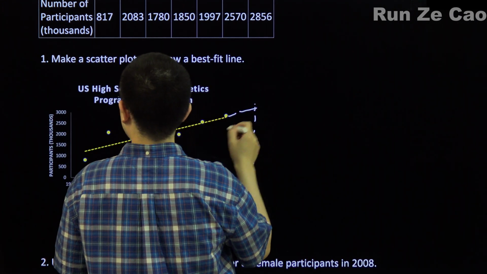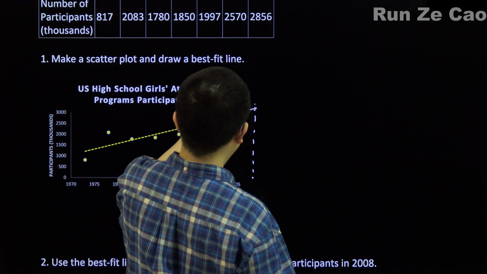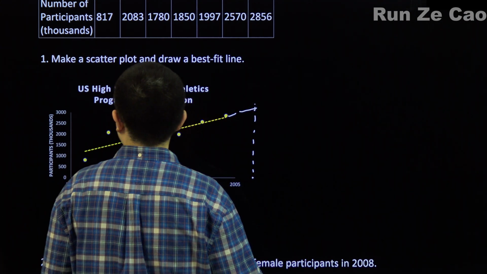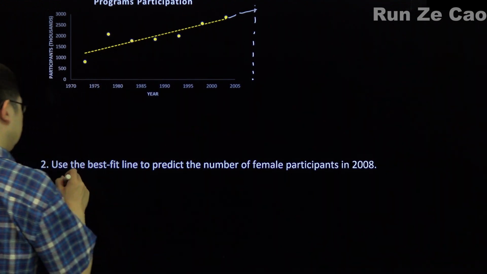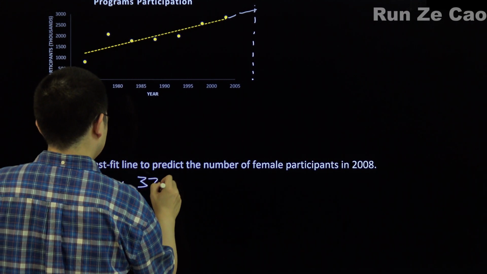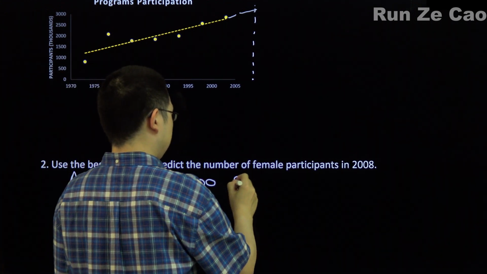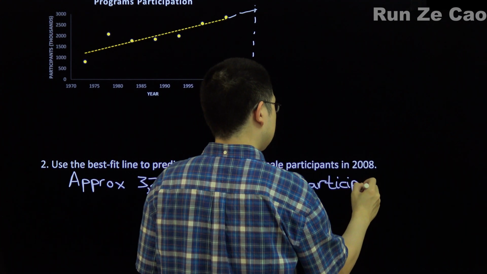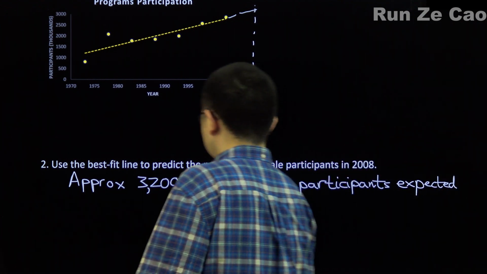So, going upward, that's the gap between 2,500 and 3,000, so we'd probably end up around 40% of a grid up, so approximately 3,200,000 female participants expected in 2008.